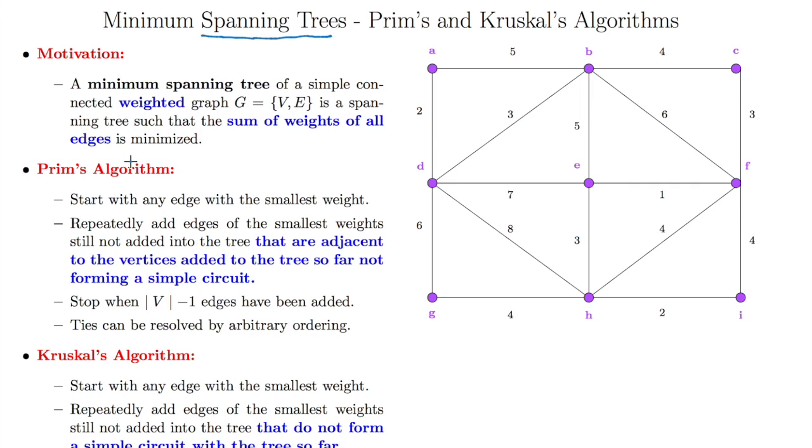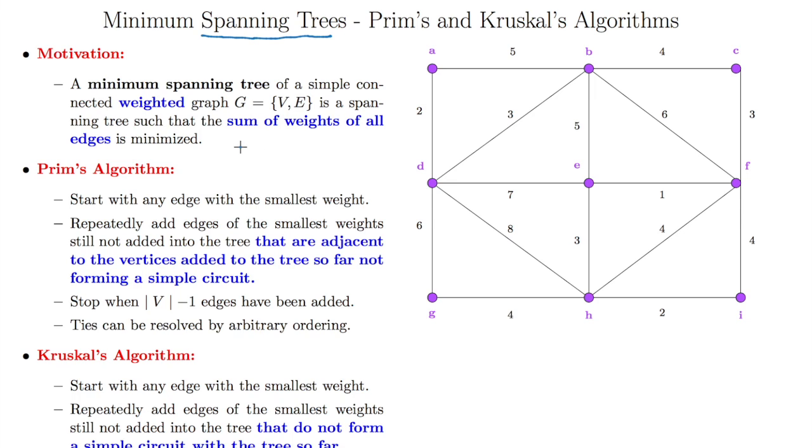Okay, so what is a spanning tree? A spanning tree is a tree which has all the vertices of a graph without having a simple circuit or cycle. And a minimum spanning tree is chosen from all the possible spanning trees of a graph such that the total weight is minimized.